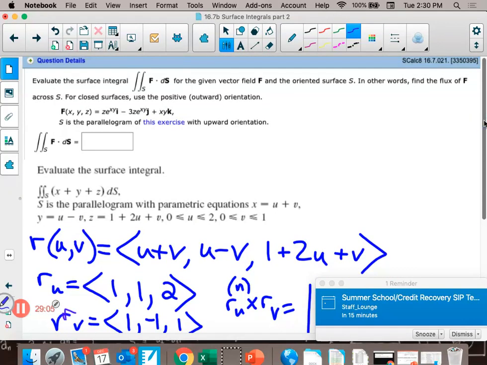Oh, here we go. This is your big F. Yeah, I was going to say, this isn't vector form. So our big F in terms of U and V, if we want to do the whole thing in U and V... Guys, don't do it. Do this cross product first, and then it cancels.